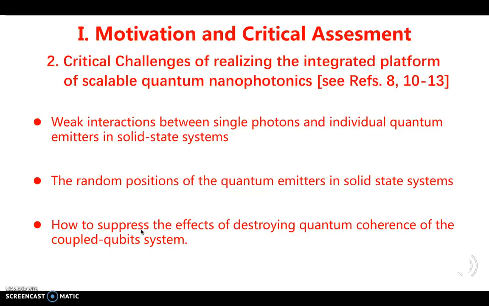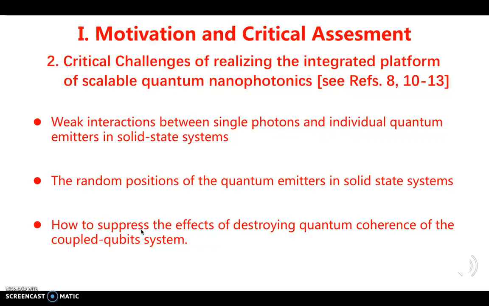So, what challenges need to be overcome? I think there is a big challenge in the overall goal and some difficulties in implementation. The outstanding challenge is the weak interaction between single photons and individual quantum emitters in solid-state systems. That means how to make multiple qubits strongly coupled for constructing an integrated quantum device.